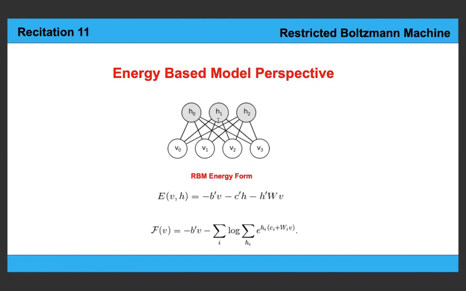After learning one hidden layer, one thing to mention is that the activity vectors of the hidden units can be treated as the data for training another RBM. After we train this RBM, we can use the hidden layer as the input, as the visible nodes, so that we can repeat this to learn as many hidden layers as we want.